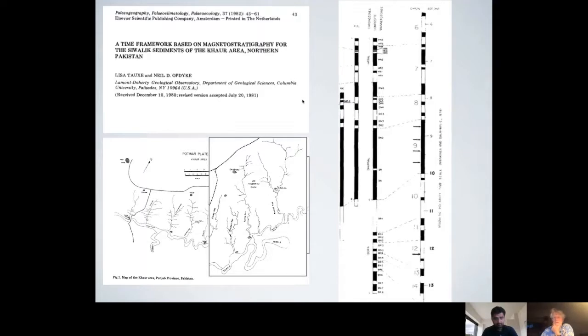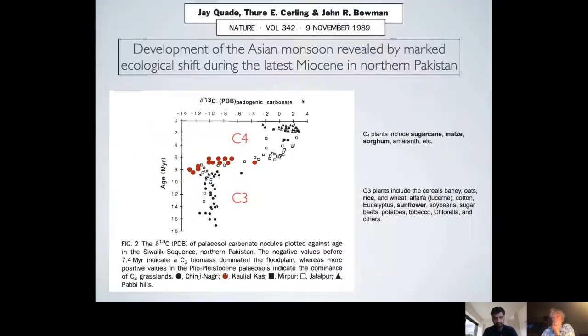And then after that, Jay Quade and Thure Cerling and others went and sampled this section, the Kolyal section, as well as many others, and measured the carbon isotopes, the delta C13 ratios in nodules found in the paleosols.